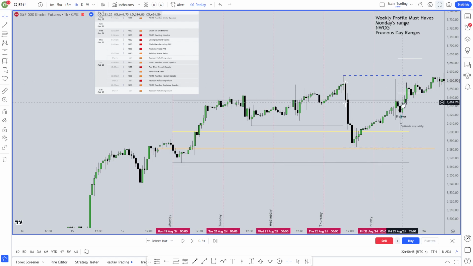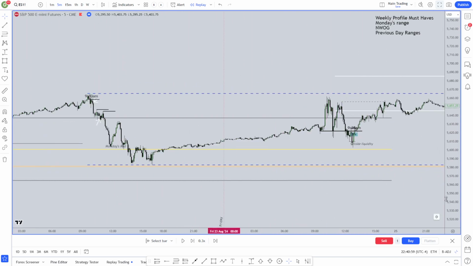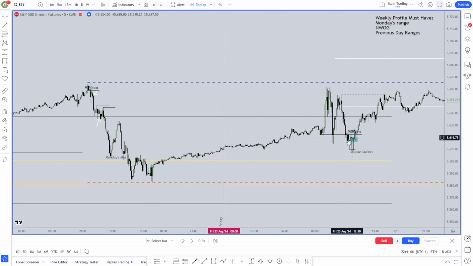So as the news events finish, here's another thing: if you're assuming it's a bullish weekly profile and you had this bearish run, look on a 5-minute chart, and you're seeing this bearish run, you're saying to yourself, man, this has got to be a bearish day. Well, pause. Where is Monday's mid? Where is Monday's low?